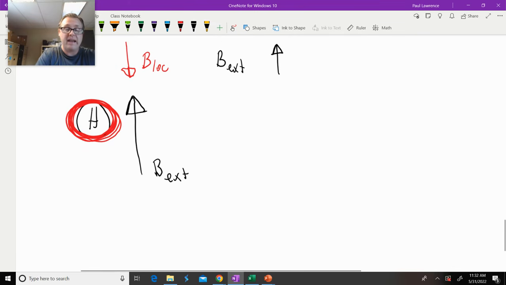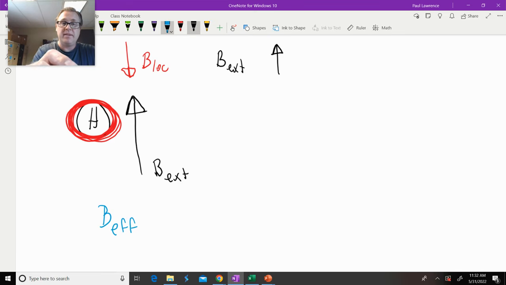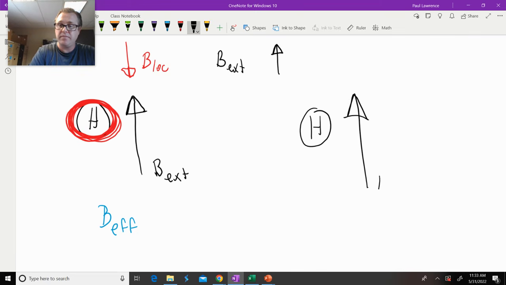So what we have now is a term called the effective magnetic field. The effective magnetic field is the magnetic field that the proton actually feels. Let's say it again. We have a proton here, and we place it in an external magnetic field.